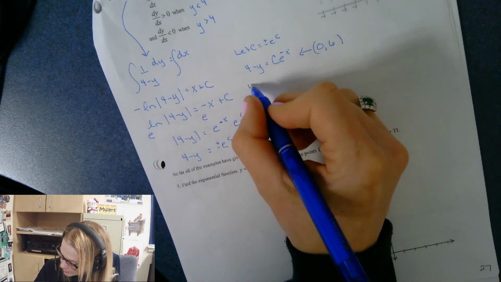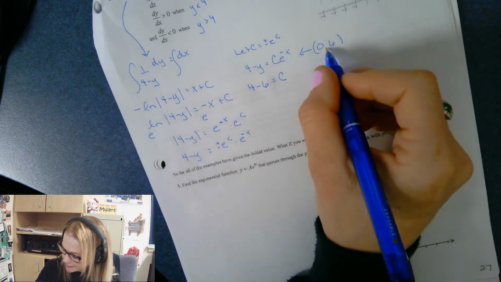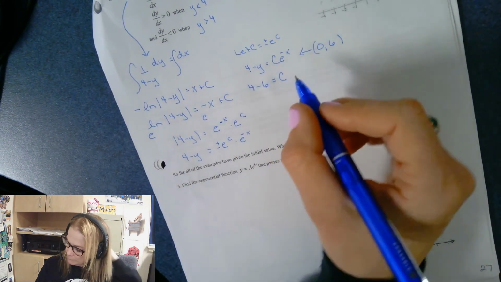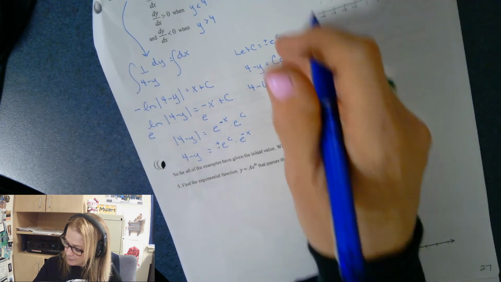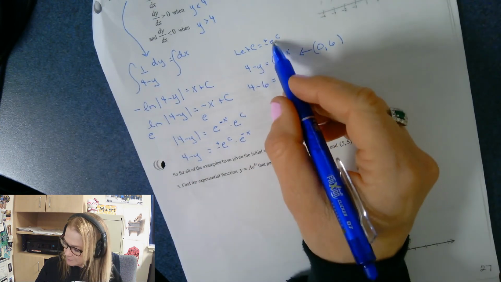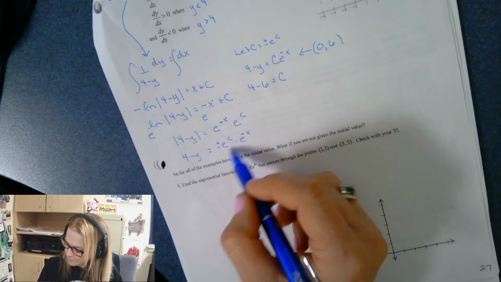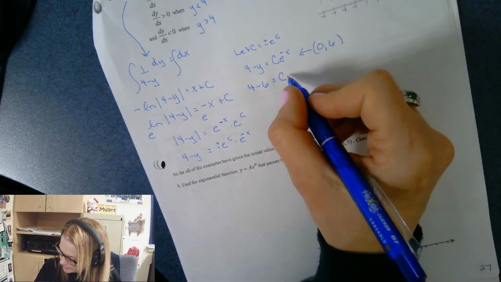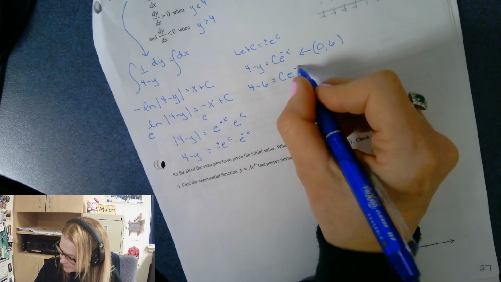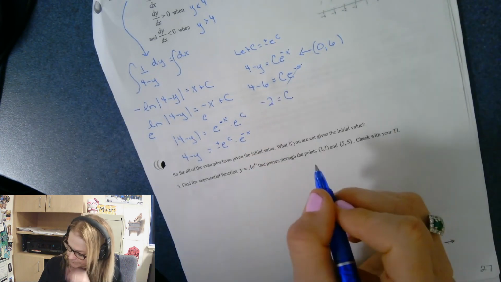So this is 4 minus 6 equals C. Just as soon as you can get that initial in, I would. You can put it in anywhere you go, but my recommendation is right away with the exponentials. As soon as this is cleaned out, put that in there. All right, so anyway, e to the negative 0 is just going to be 1. So C here is negative 2, okay?